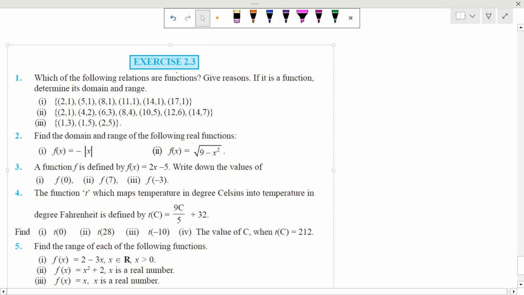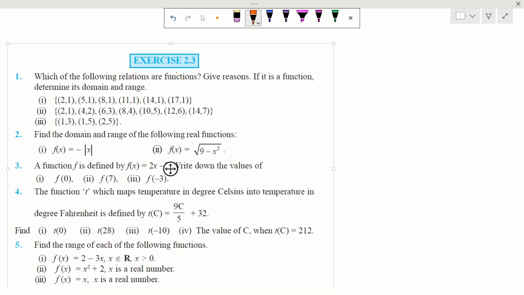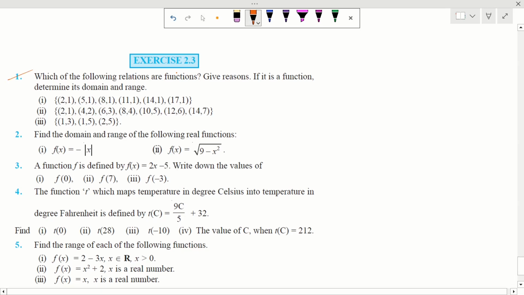Okay, we'll be solving this exercise. The first question is: which of the following relations are functions? Give the reasons. If it is a function, then determine the domain and range of the function.